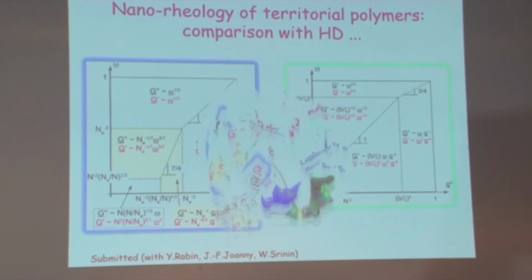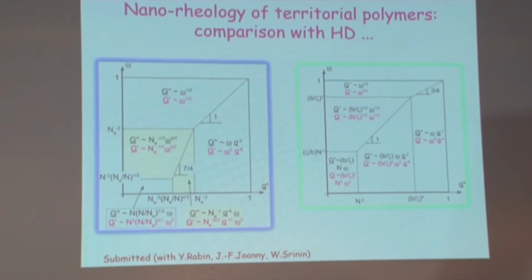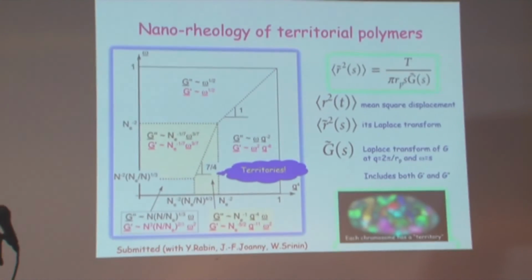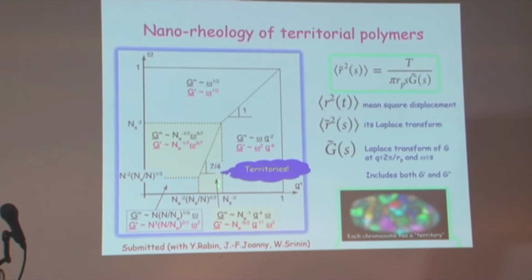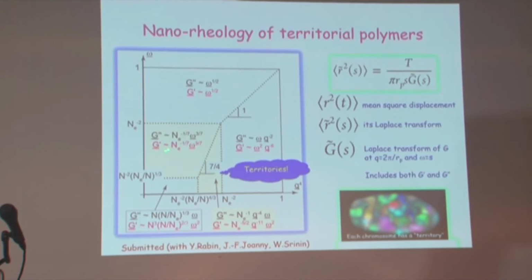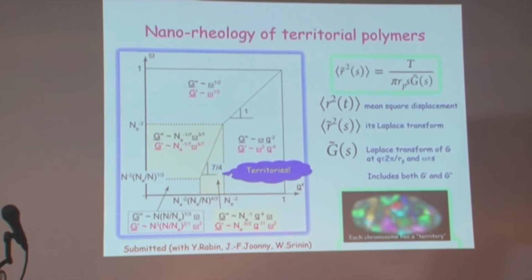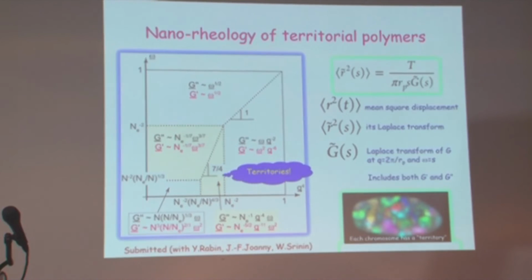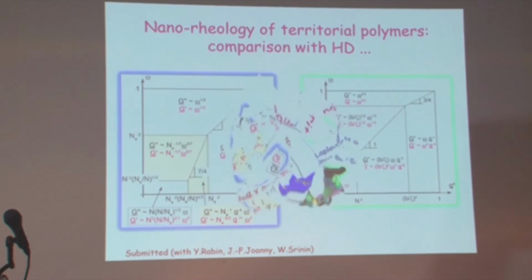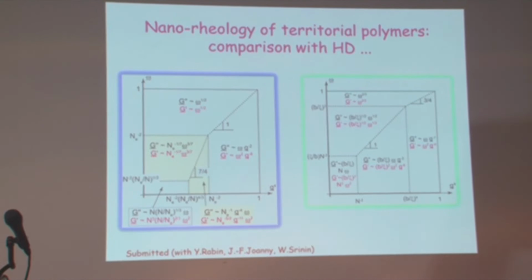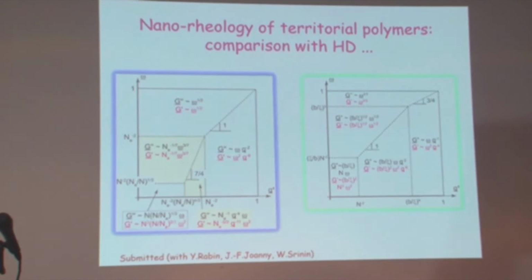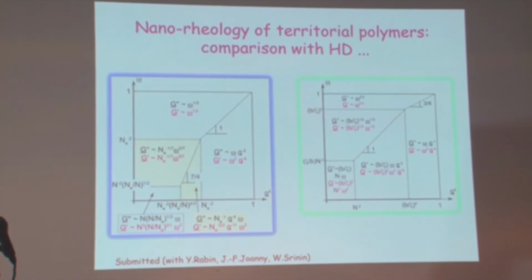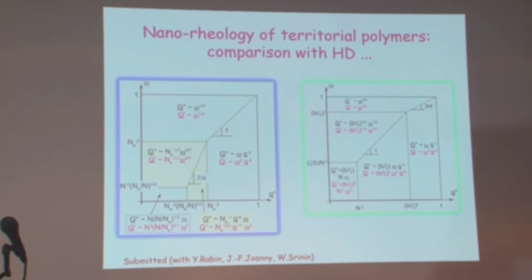Now I want to emphasize that this is a fundamental difference of this situation with territorial polymers, when a new non-trivial regime comes at intermediate wave vector and intermediate frequency, which corresponds to probing inside the territory, and how it is different from the situation when, for instance, you have hydrodynamic interactions. I didn't say anything about hydrodynamic interactions.